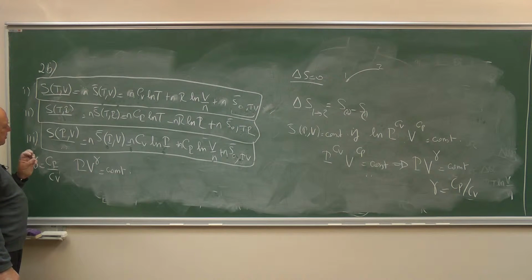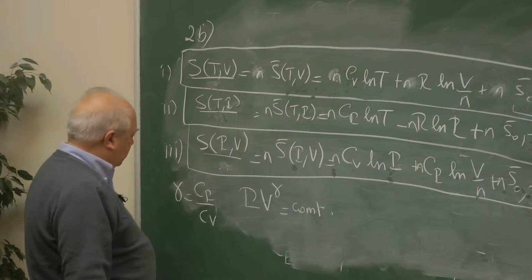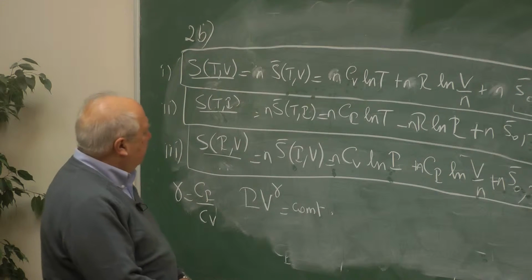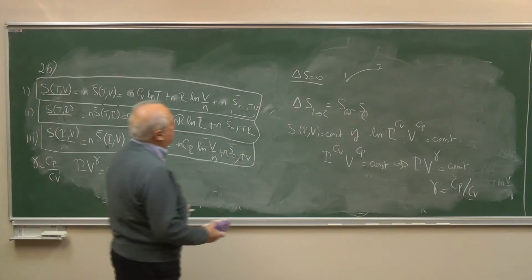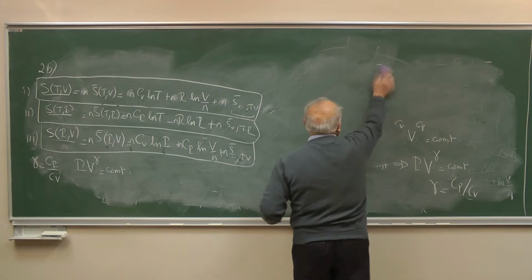So if you make an adiabatic process with an ideal gas, P times V to the gamma remains constant. P and V change, but this combination remains constant. All right. What else?